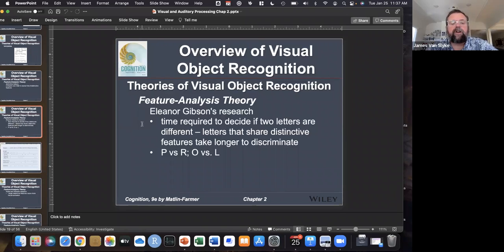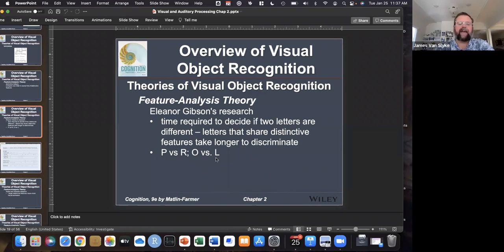So it's harder to tell the difference between a P and an R, because a P and an R share so many things in common. They both have a horizontal line, they both have that curved line, and then the R just adds one tail to it.